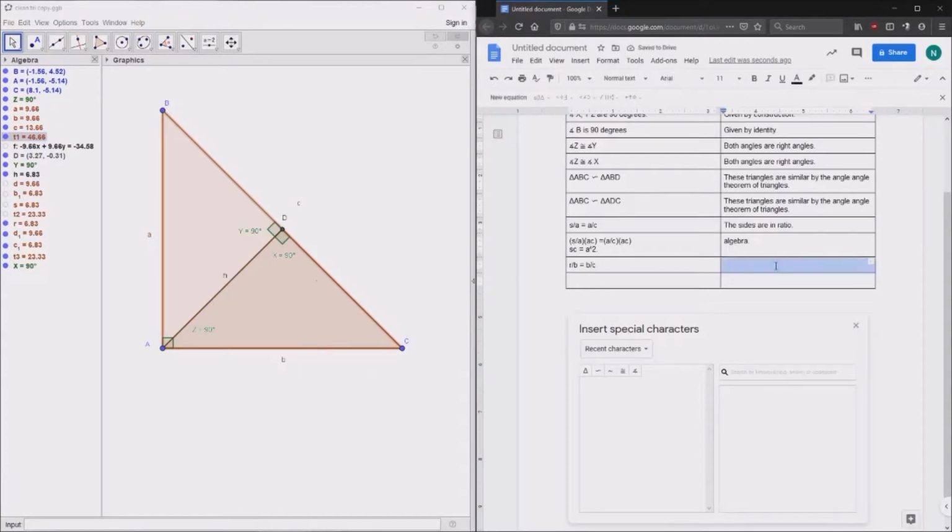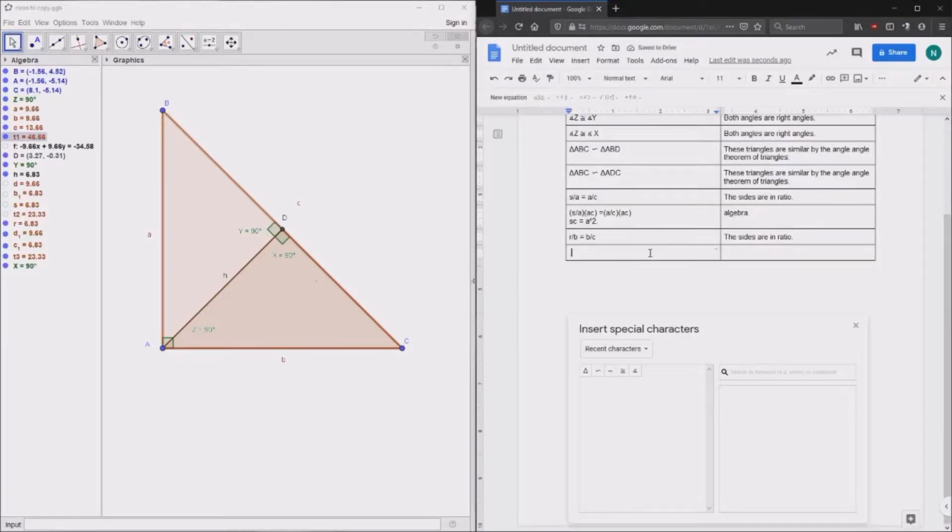Again, the sides are in ratio. We're going to be doing the same algebra we did last time to eliminate the denominators. So we have the denominators B and C, so we'll multiply both sides by BC. R over B times BC equals B over C times BC.